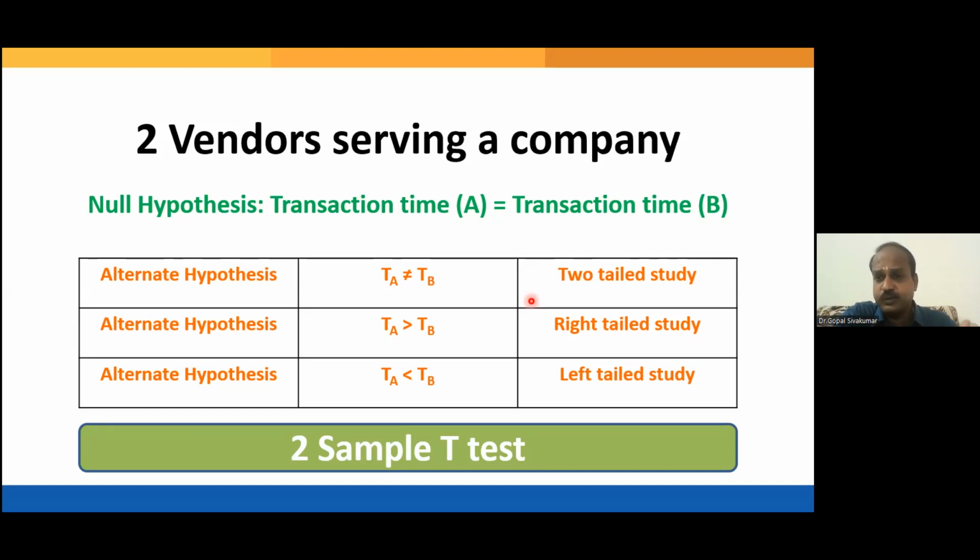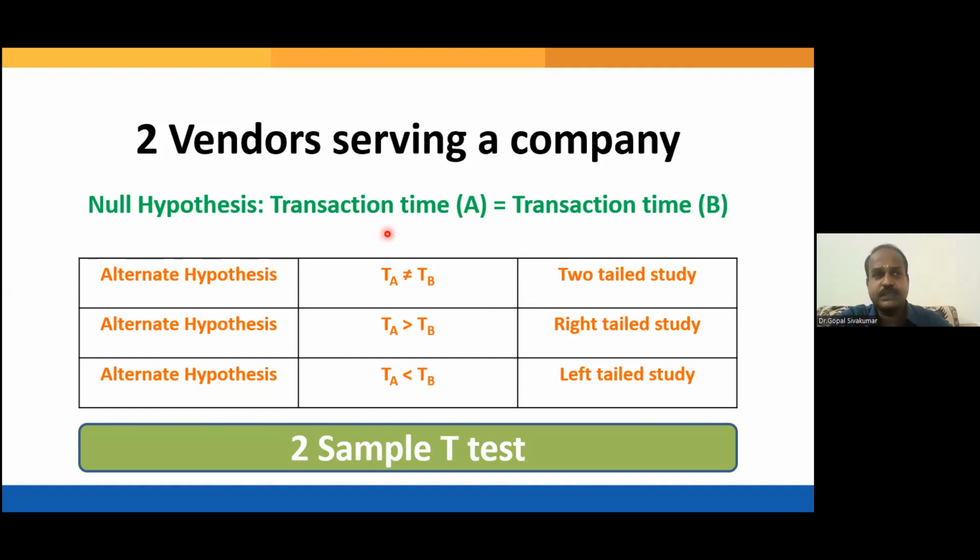And now the decision-making criteria, always criteria is required for making a decision. Now the decision-making criteria is transaction time. Every time a particular job is given, how much time vendor A takes, how much time vendor B takes to complete the task. Let us say the metric is transaction time.